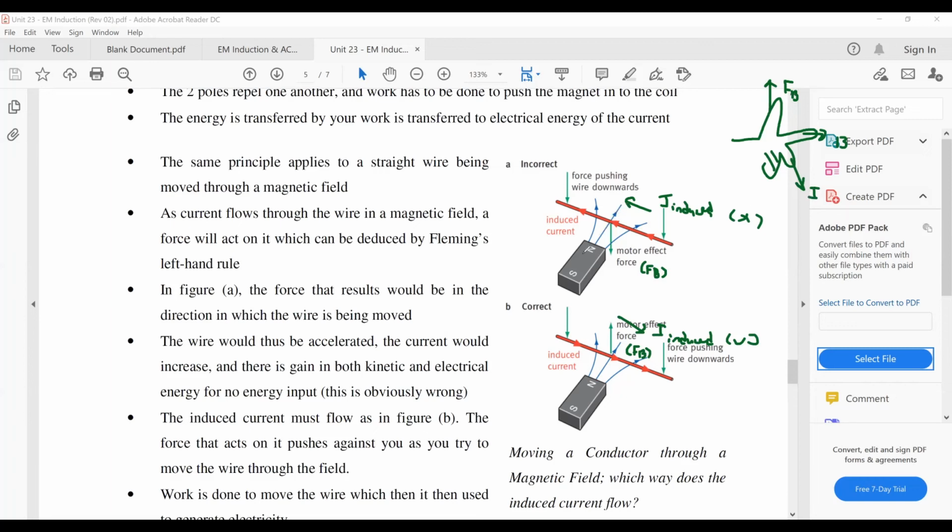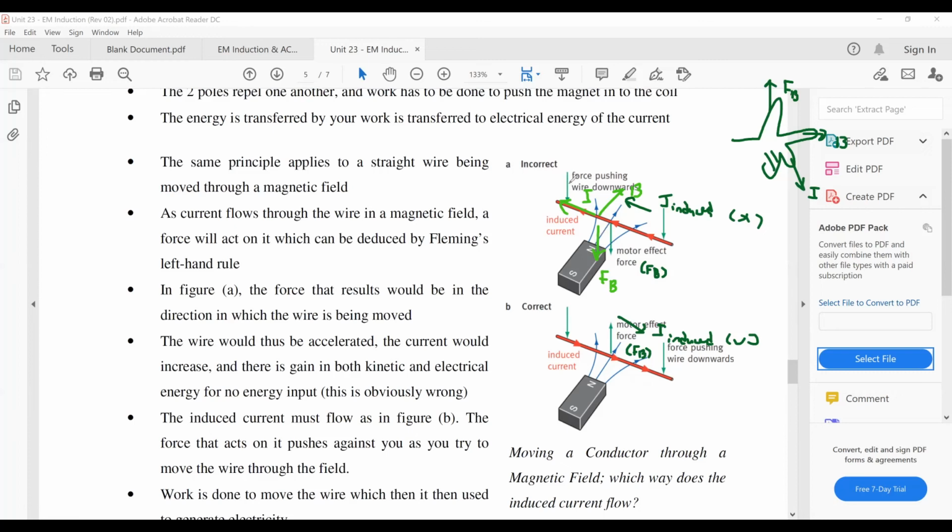So now you have magnetic field, you have current. This one by right should generate a magnetic force. What's the direction of your magnetic force? Here to here is your B, here to here is your current. If you use your Fleming's left hand rule, you see that your magnetic force is downwards.